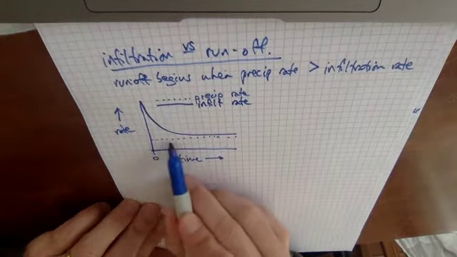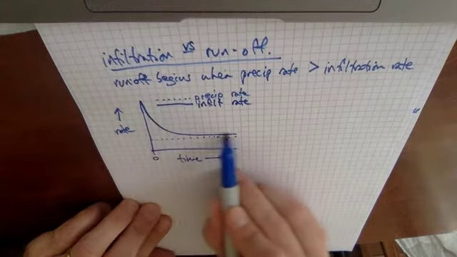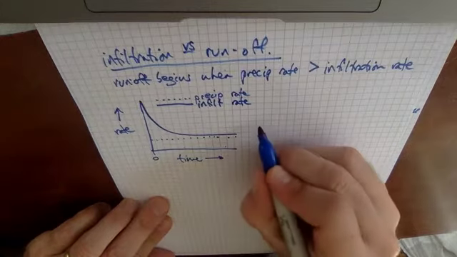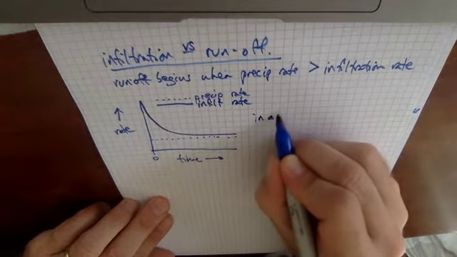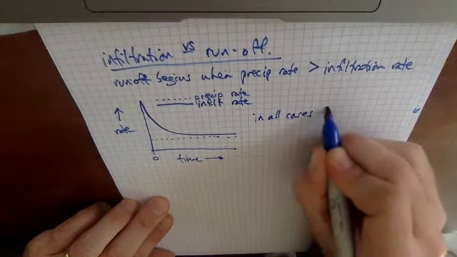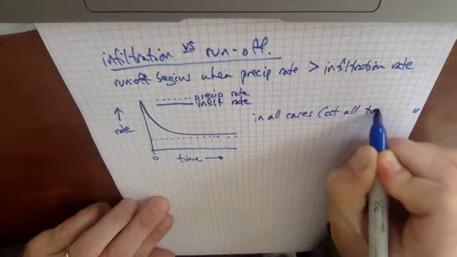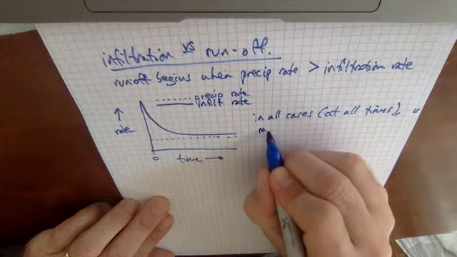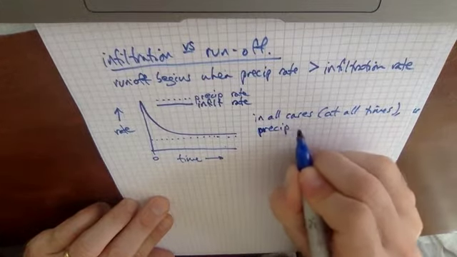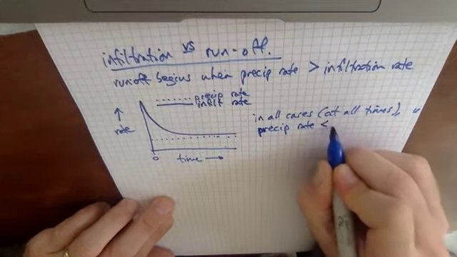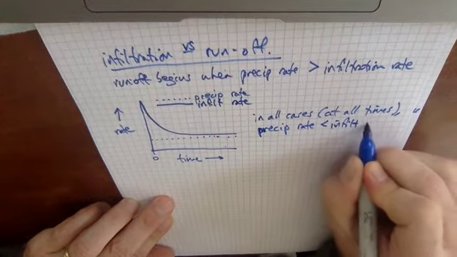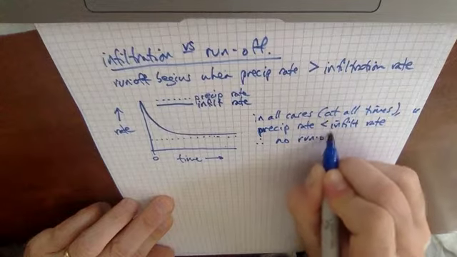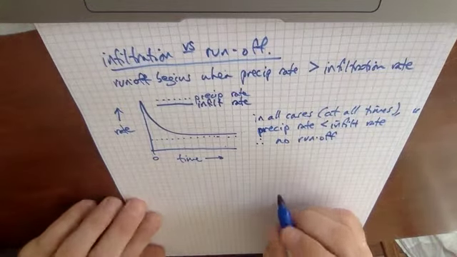If the precipitation rate is constant here, the infiltration rate starts here and plateaus here, what happens? Well, in all cases, at all times, the precipitation rate is less than the infiltration rate, and therefore no runoff. It's all getting sucked in, right?